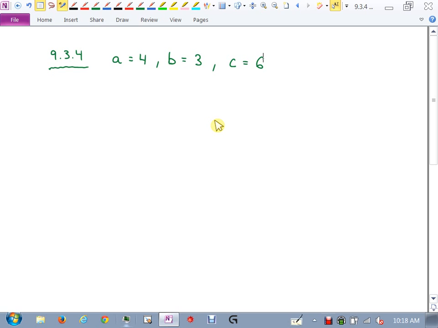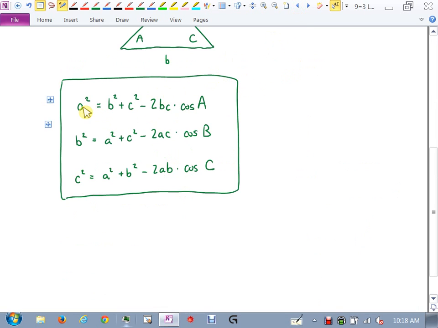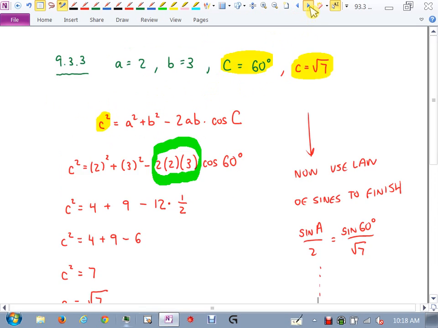I already know what A squared, B squared, and C squared is, right? So what I'd like for you to notice is that, let's just take that first, what was the first version I gave you for law of cosines? A squared, okay, I'm just going to take that first one right there.